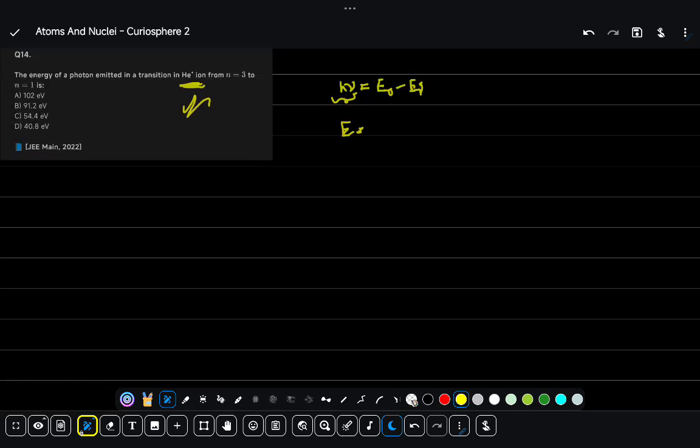And what is E out? Minus, sorry, it's the first time writing with this pen, 13.6 into Z squared. It is helium ion, so Z squared, 2 squared, it will be 4 by n squared. First E out, n is equal to 3, so 9, minus of minus 13.6 into the same 4 divided by n equal to 1.